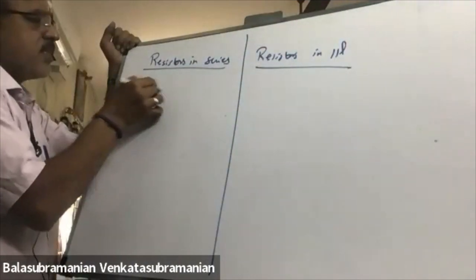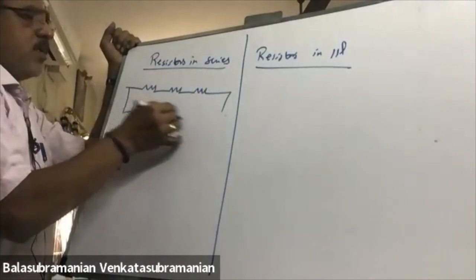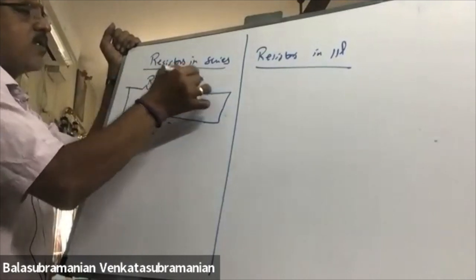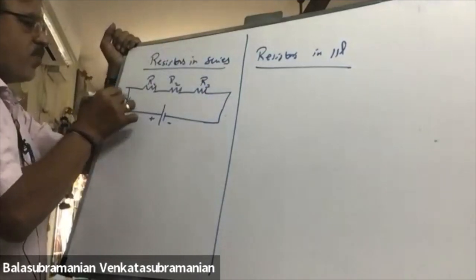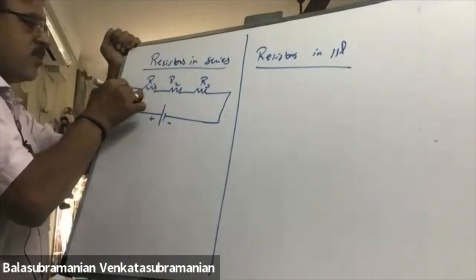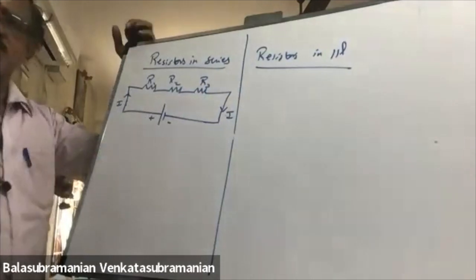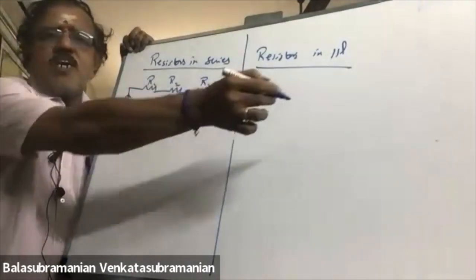Series means 3 resistors we are taking. Battery plus minus, resistance R1, R2, R3. Positive to negative only current is flowing. So current direction: plus, going through this, coming out to minus. Sir, for all the resistors, the same current is flowing.